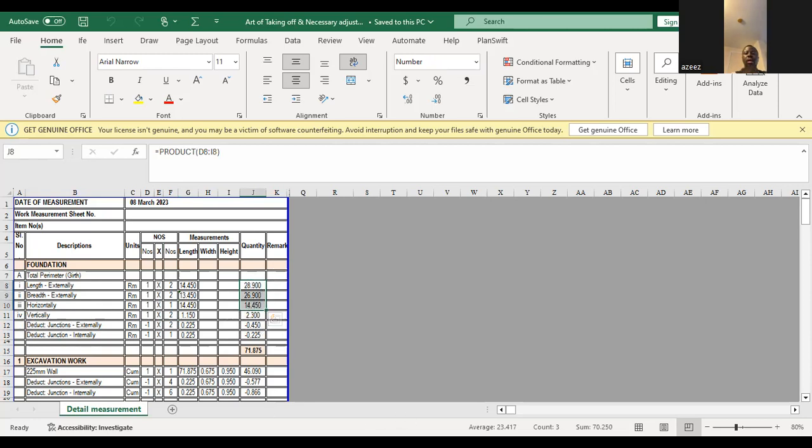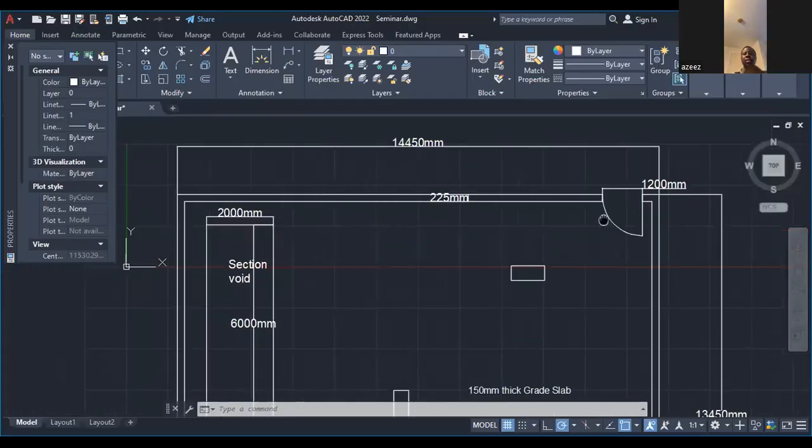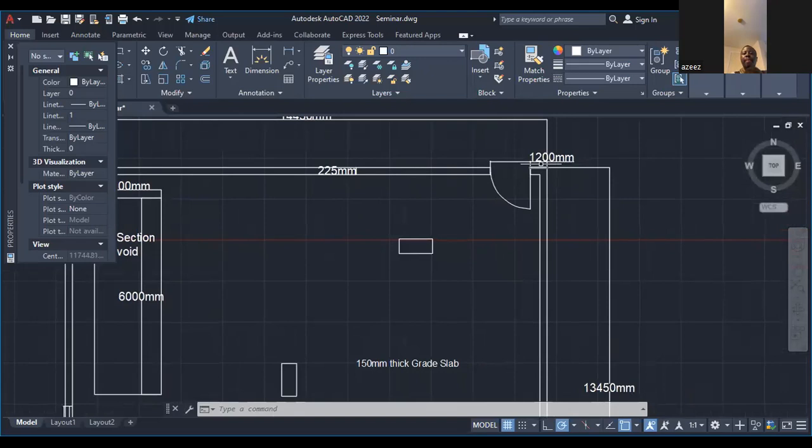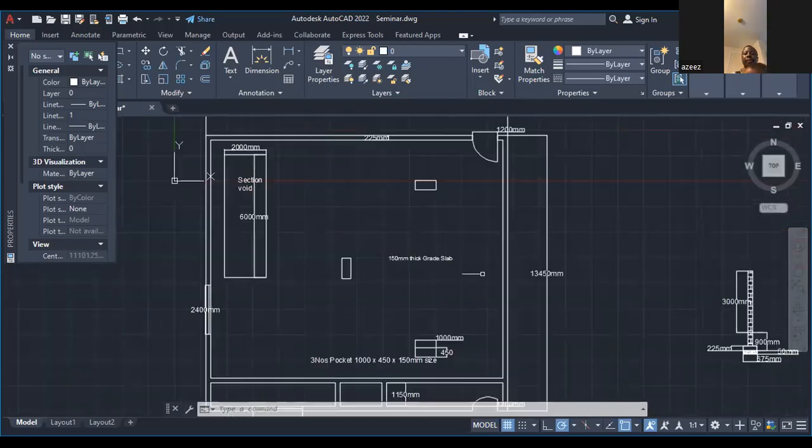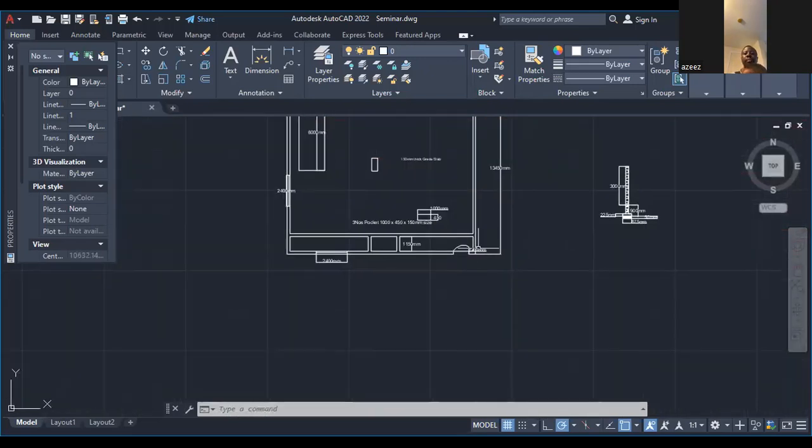Then we know at every junction externally, where the length and breadth are meeting, there is a junction. I hope you can see my drawing now. Yeah, I can see it. This junction. Okay. And this junction.